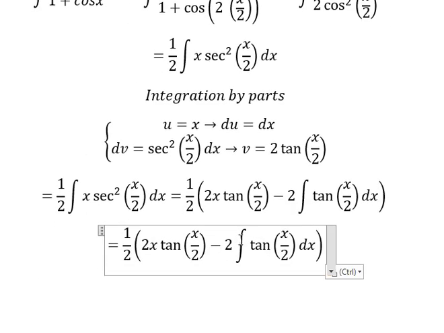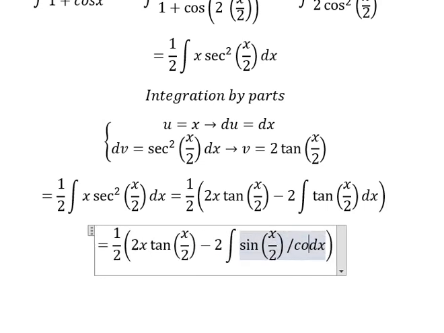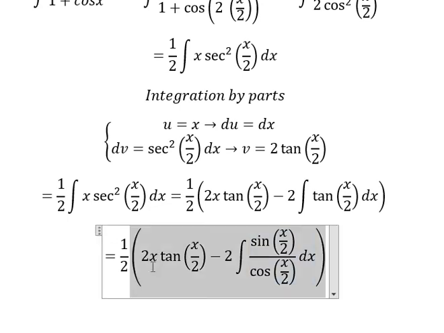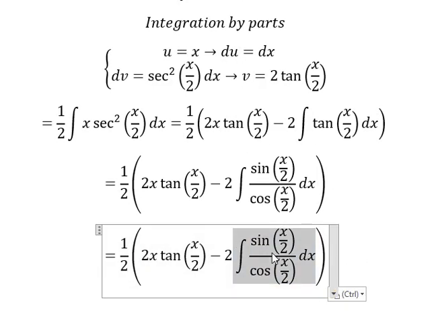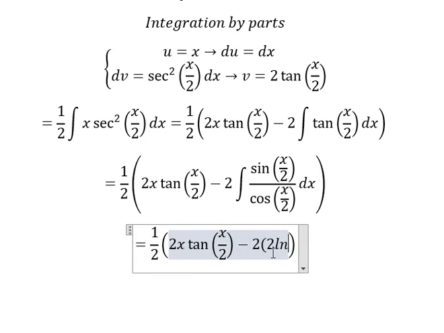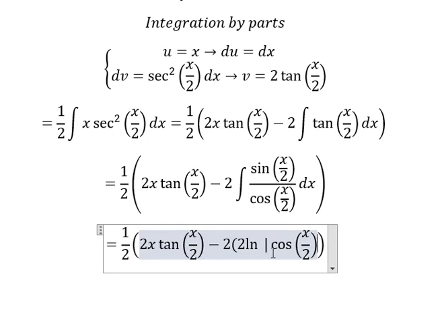So the integration of this one we can write as sine of x over 2 over cosine of x over 2. For this one, we have 2 ln of the absolute value of cosine of x over 2.